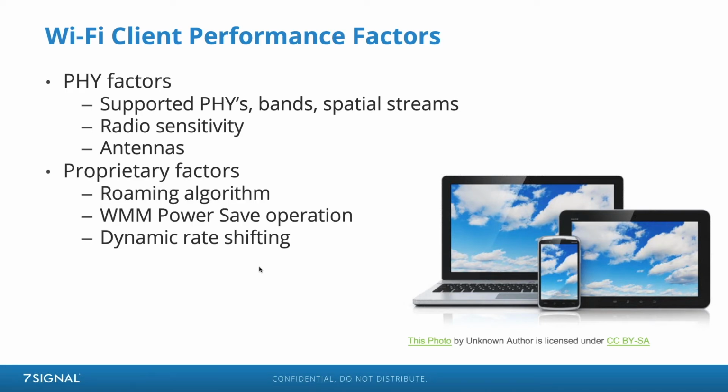There's proprietary things. There's a lot of proprietary things in clients that affect their Wi-Fi performance. The roaming algorithm is a big one, and we'll talk more about that. How they handle power save operation. Some clients don't do that very well. The way they choose data rates, their dynamic rate shifting algorithm. These are all black boxes, right? But they're important to their performance.